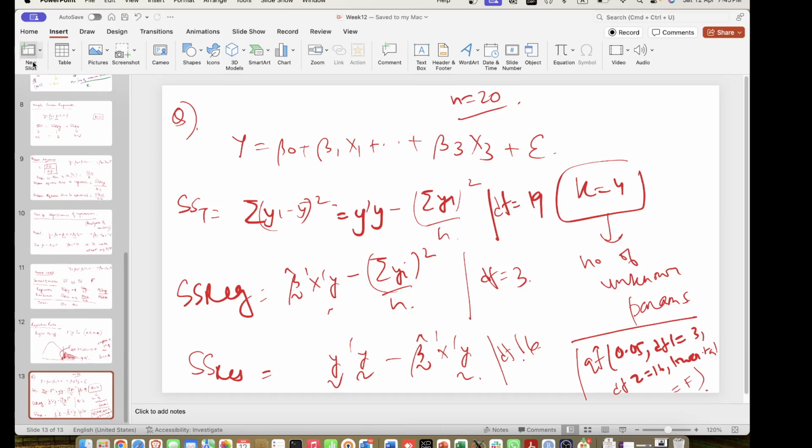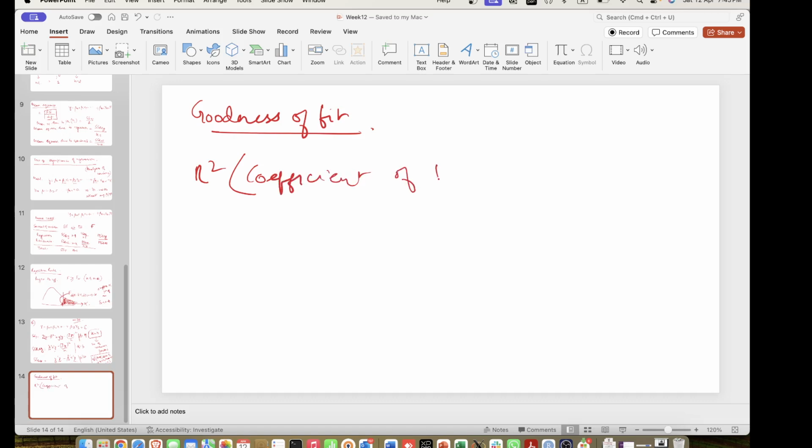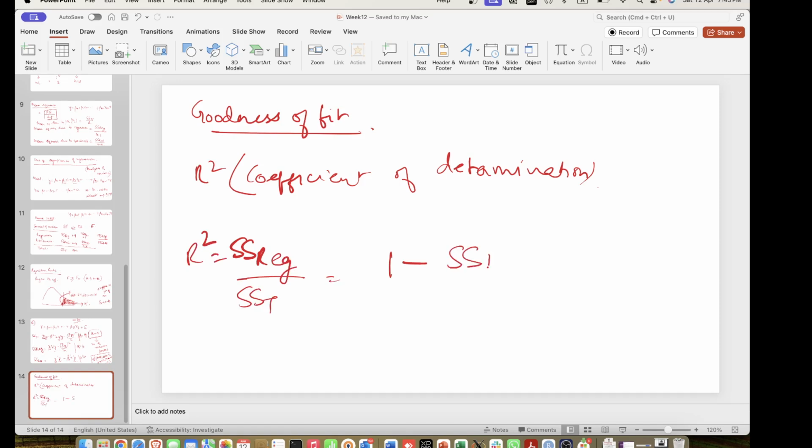As a metric of goodness of fit, we learnt about R square, or the coefficient of determination, which is nothing but SS due to regression divided by SST, or in other words, 1 minus SS due to residuals divided by SST.